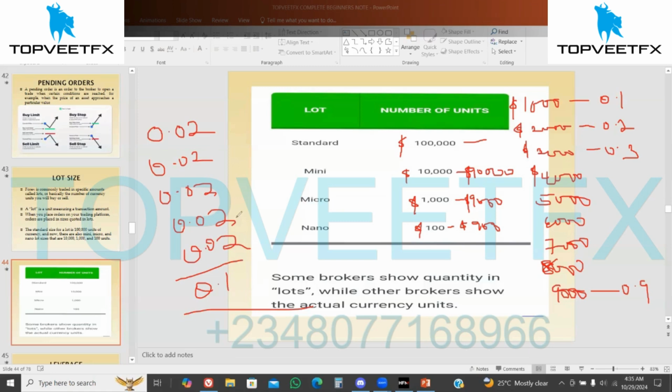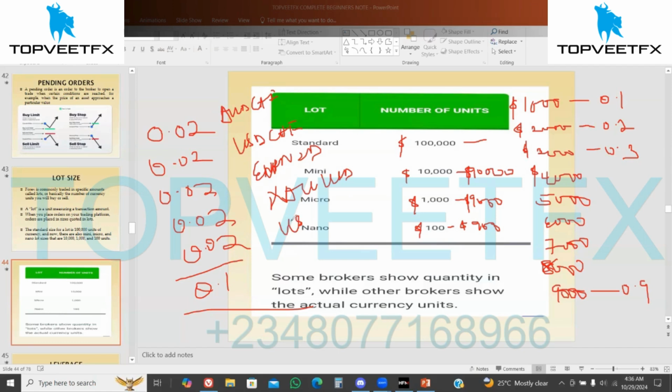So meaning that if you place 0.02 on different pairs, let's say there are 5 pairs: AUD CHF, USD CHF, Euro NZD, XAUUSD, and let's say US 30.